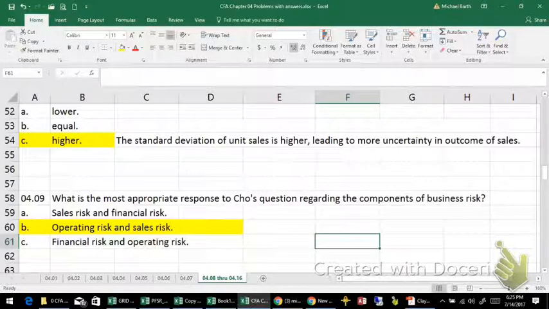So sales risk is essentially the variability in the revenue based on price risk, and mostly what we're looking at is volume risk. And then operating risk is the impact on operating income from changes in your sales estimates brought on by the mix of variable and fixed costs. Essentially, the higher your fixed costs, the higher your operating risk.